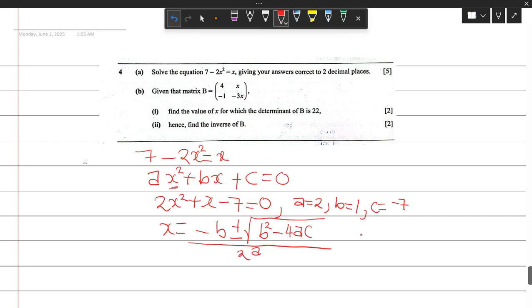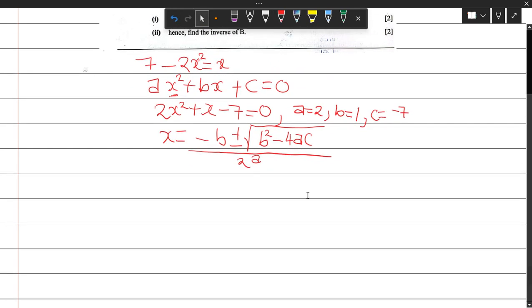Okay, so now since we know that a here is 2, c is negative 7, b is what? 1. So we substitute these values into our equation. Okay, so now continue solving.